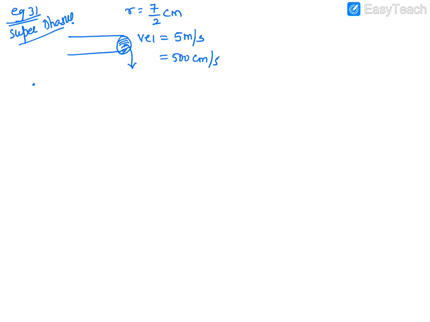So in the first part, we are asked to calculate what volume of water is flowing out in a time of 1 minute, which means 60 seconds. Now if you remember, we had learned the formula that volume is equal to cross sectional area multiplied by velocity multiplied by time. So we have to just use this same formula.